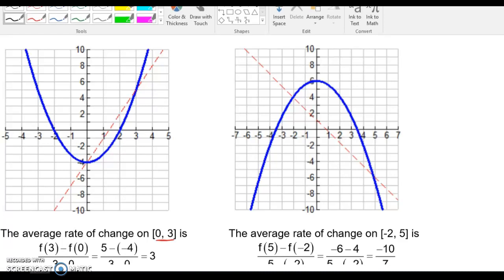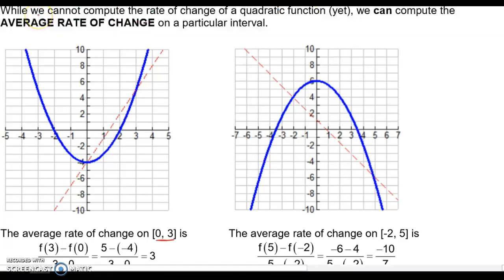What we're going to do next then is take some different points, because I just want to see what's going on with this. If I picked a point at -1, so that's this guy right here, and let's say that point at 0, that's this one right here. If you look at my line that goes through there, that line represents the average rate of change.